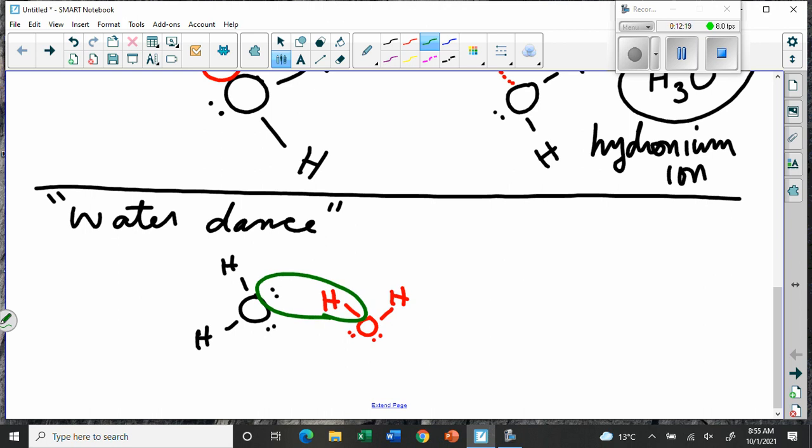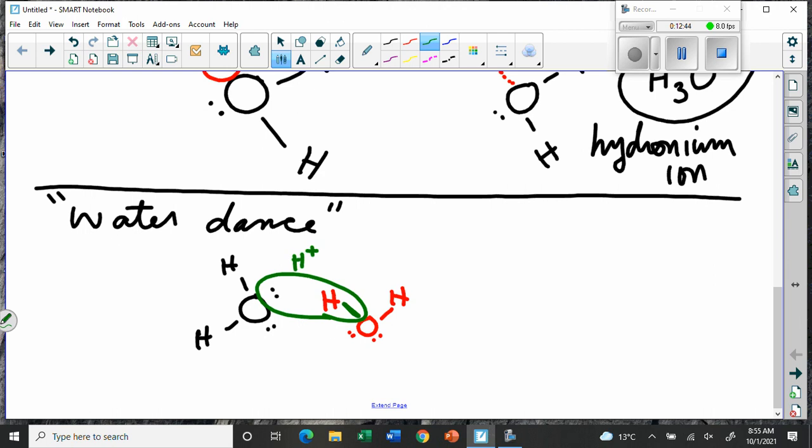This hydrogen that's attached to the red water is attached there because it's sharing a covalent bond, right here. It's sharing electrons with the oxygen. But as we saw, what if that H left its electron there, said, I don't even want that electron anymore, and went away?